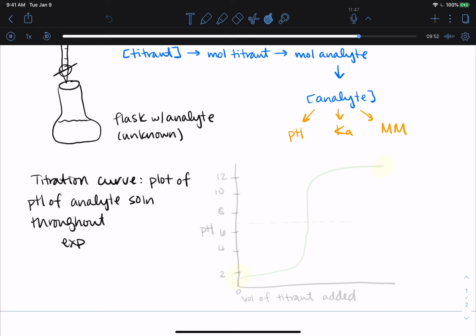So our y-axis is pH. Our x-axis is volume of titrant added. So we start at 0, which is just whatever gets marked off on here is going to be the pH of our starting material, our starting solution.